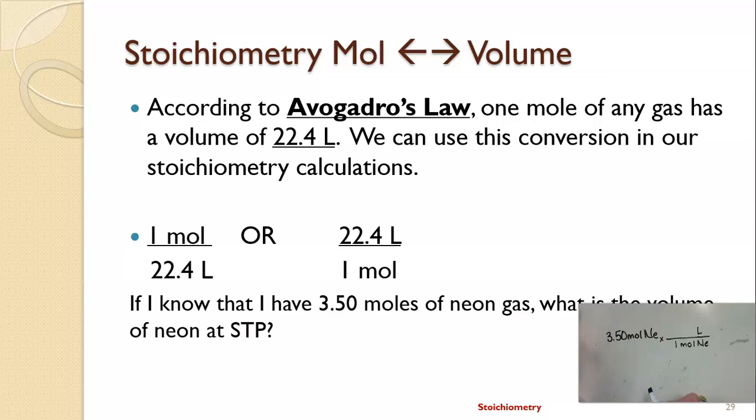What number is next to liters? Right. Okay, moles cancel. 3.50 times 22.4 gives me 78.4 liters of neon. Okay, so we can use that 22.4 liter conversion.